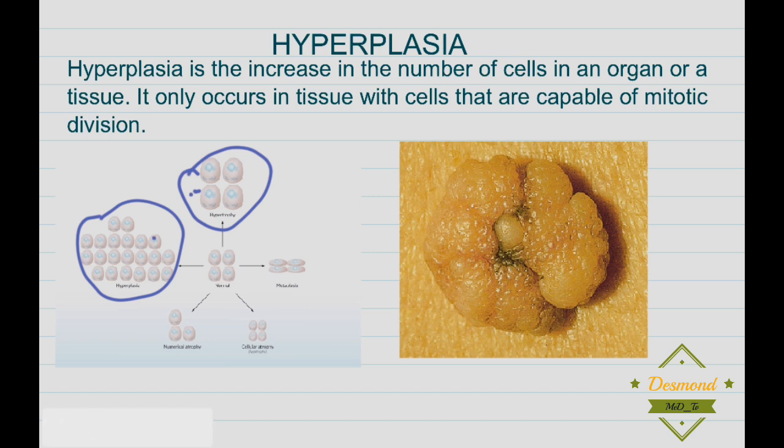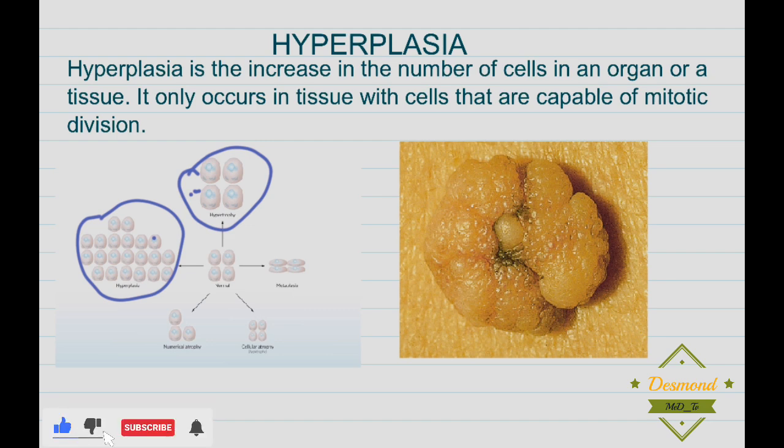So here, there's no increase in the size of the cell, just the number of cells increases. And this normally happens in cells that are capable of undergoing mitosis. So you have to take note of that.